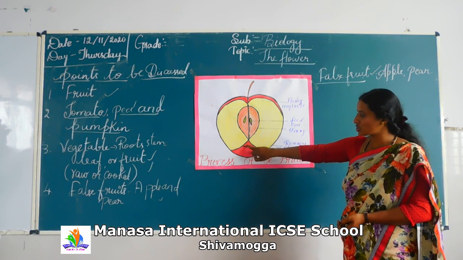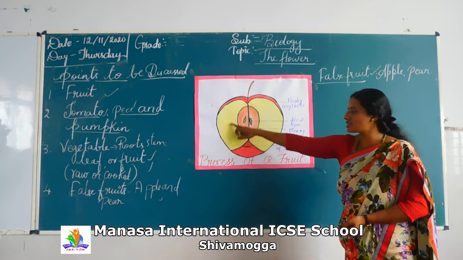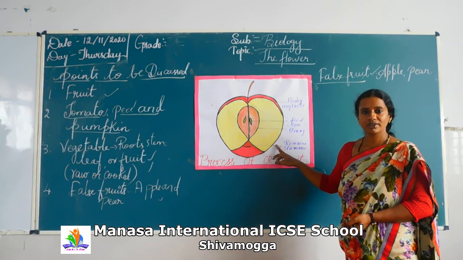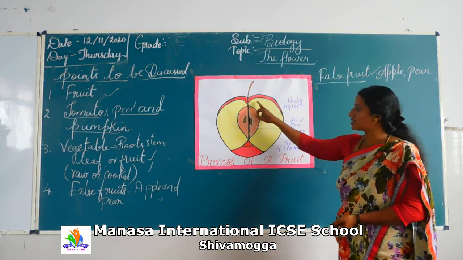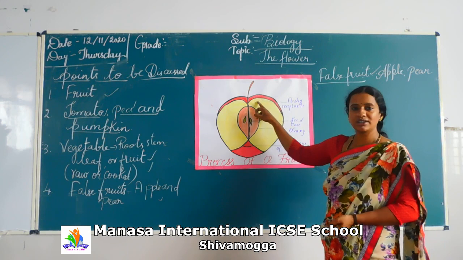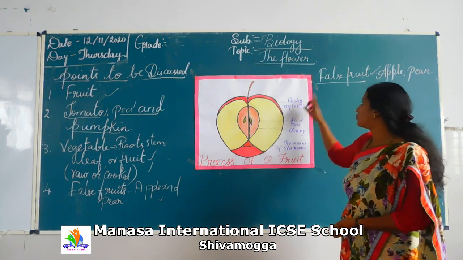They are attached to the lower part of this apple. Because it is a fleshy receptacle developed from the thalamus part, it is known as a false fruit.